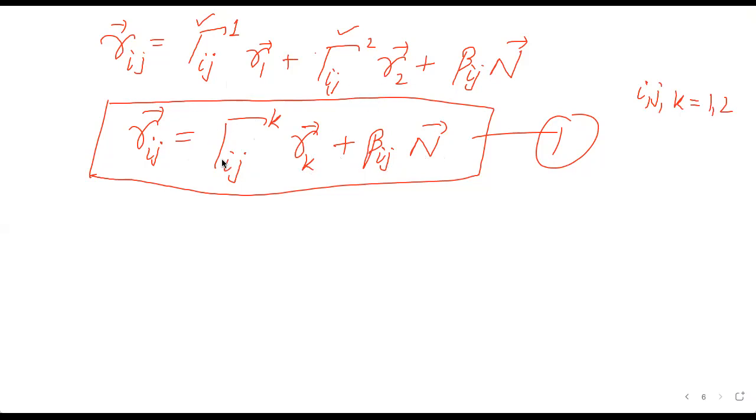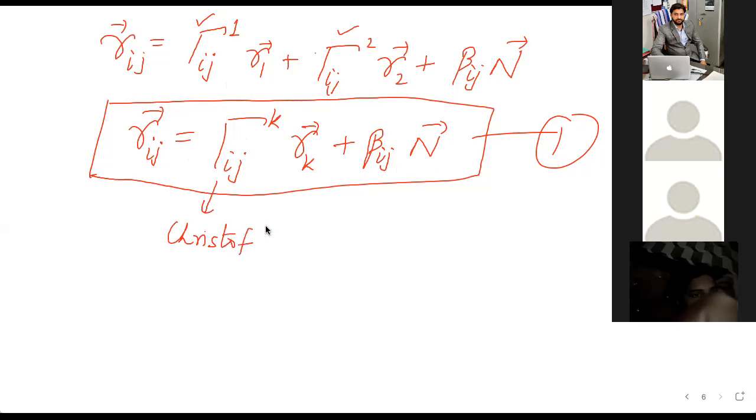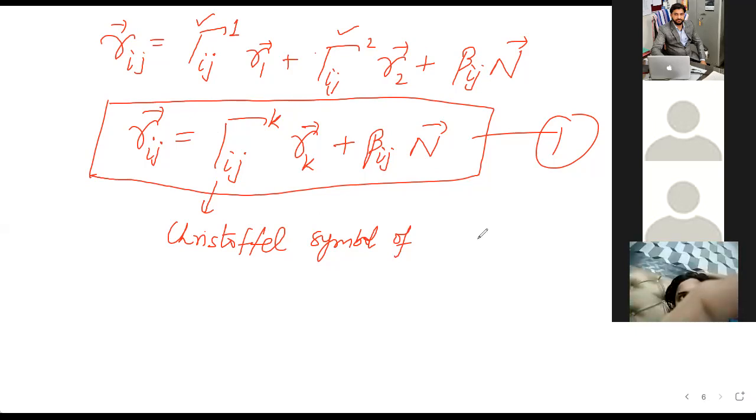This quantity is called the Christoffel symbol. This is called the Christoffel symbol of the second kind.